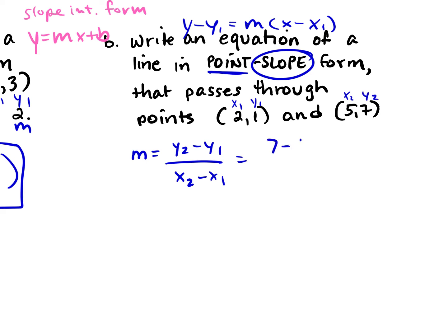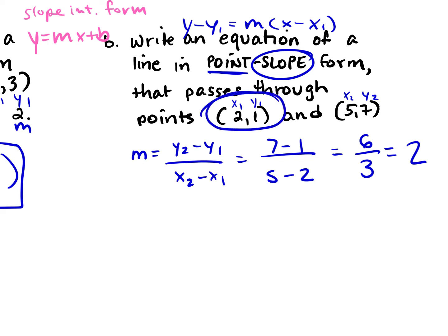7 minus 1 over 5 minus 2. So this would be 6 over 3. And what does 6 over 3 simplify to? 2. So my slope is 2. And then do I have a point already? Yeah, I have 2 of them.